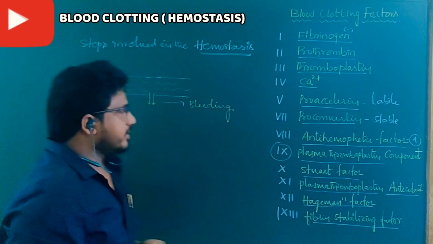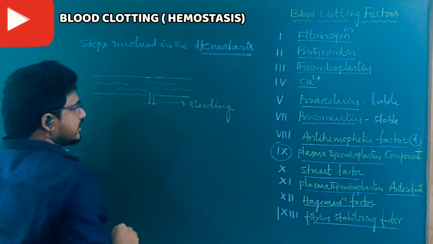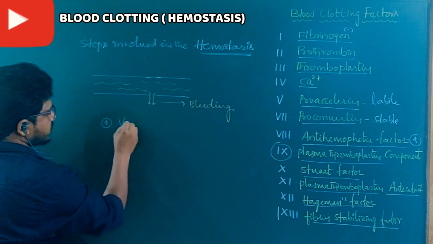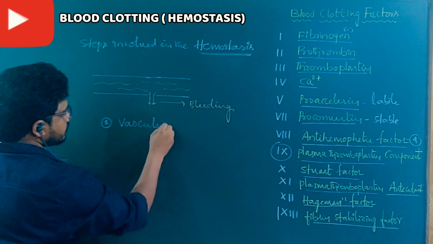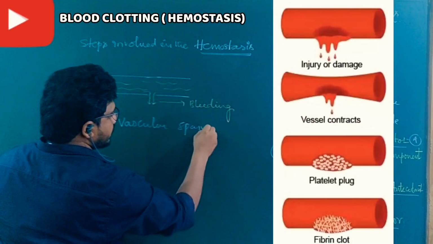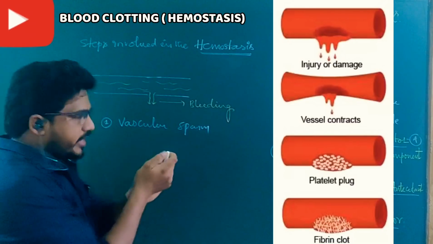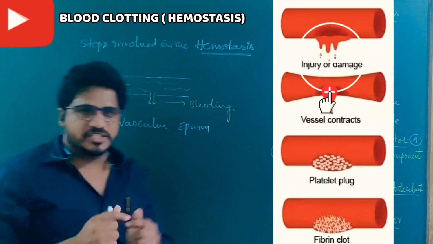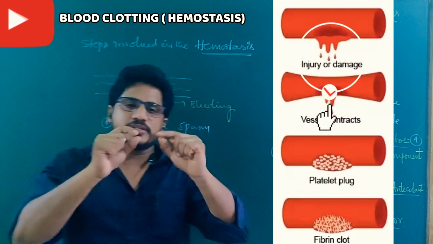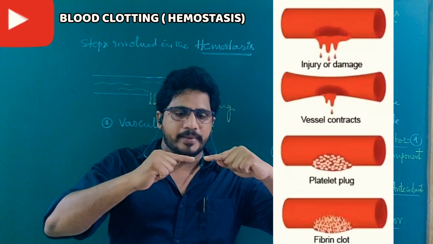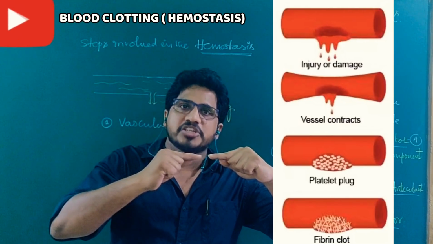That is called bleeding. Once bleeding occurs, generally what happens, the very first step is vascular spasm. Means the edges where the blood vessel wall is broken are generally constricted. If you assume these two are the edges of the blood vessel where the trauma took place, meaning a cut happened, then these two are generally constricted.